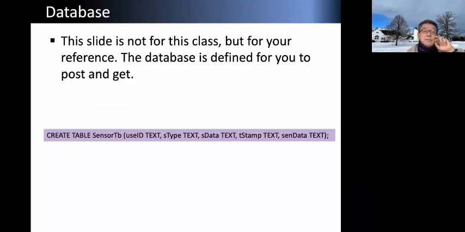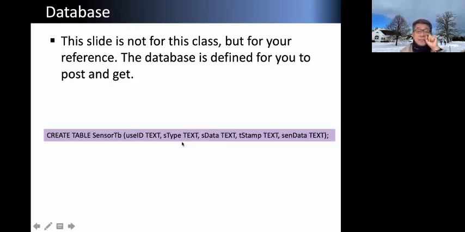This is a database. I ask you to enter your user name, user ID, simply your text, your name, okay? You should put your name. If you don't put your name, then you don't get credits, right? You should put your name so that I can see, oh, this person submitted it successfully. And this is a sensor type.